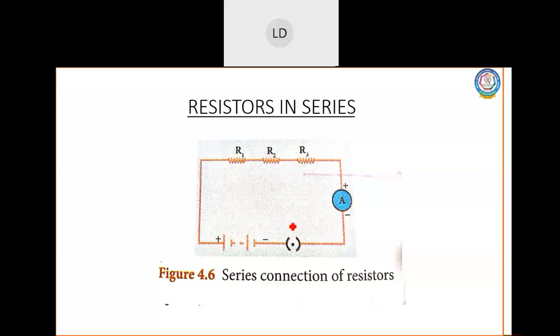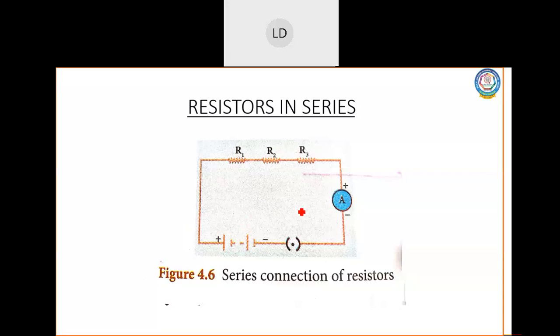Let me explain the diagram. There are three resistors. The resistance of the first resistor is R1, the resistance of the second resistor is R2, and the third resistor is R3. The current flowing through this circuit is I. The current is common to all three resistors, right?